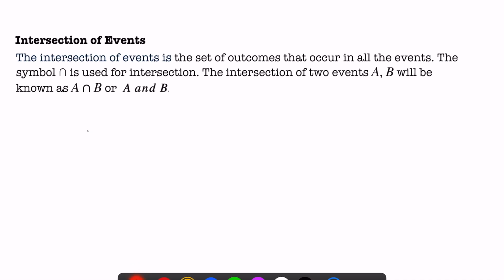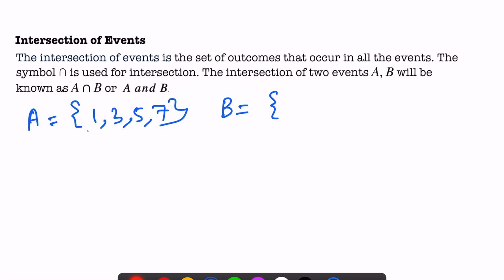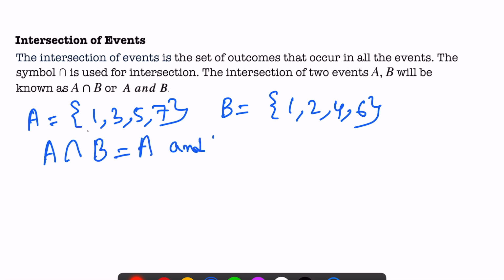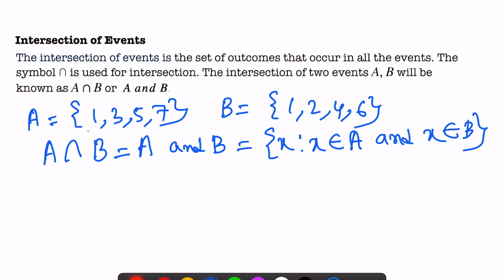So if we have two events, A is 1, 3, 5, 7 and B is 1, 2, 4, 6, then A intersection B, or A and B, will be the elements that belong to A and also belong to B. So the elements that belong to both events A and B will be included in the intersection.